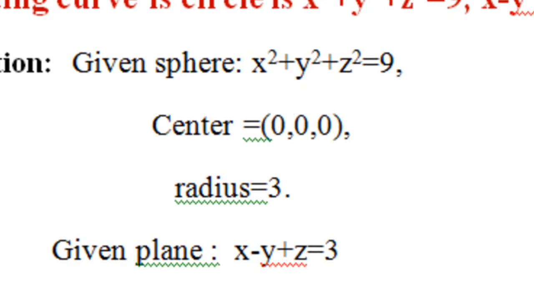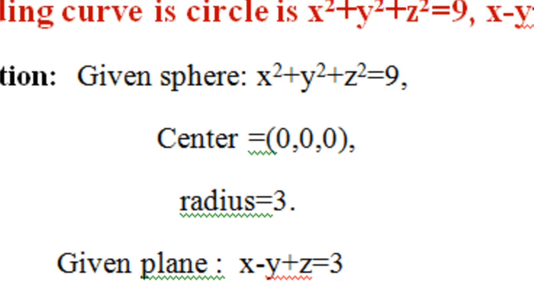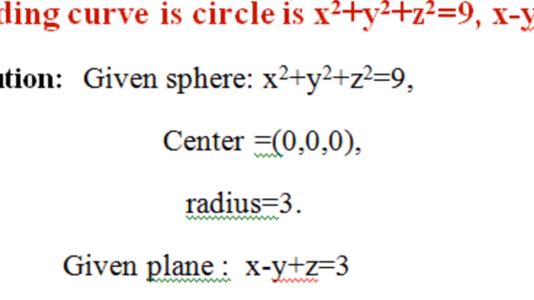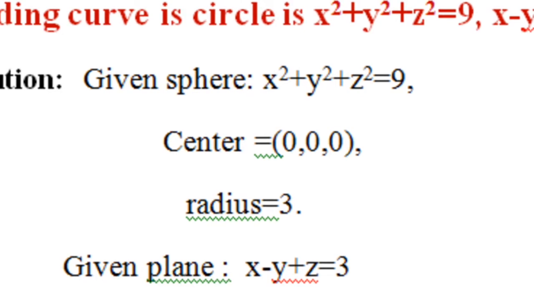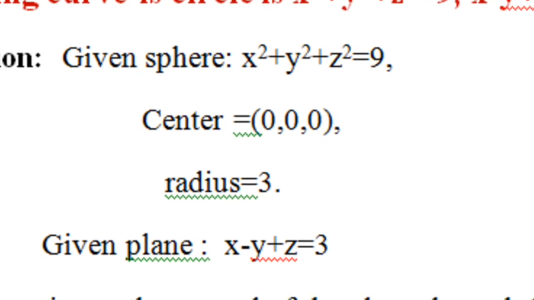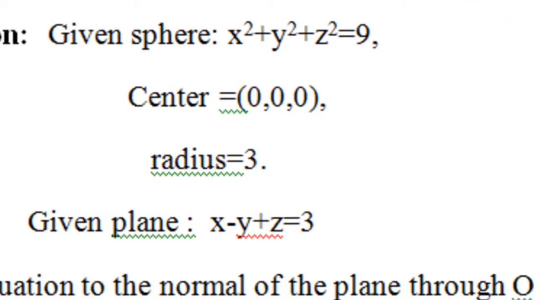Simply, if you remember the equation of the sphere, x square plus y square plus z square is equal to r square, passes through the origin having the radius r, then directly you can write the center as 0, 0, 0 and r square is equal to 9, so the radius r is equal to 3. So in two ways you can write the center and radius of the sphere.